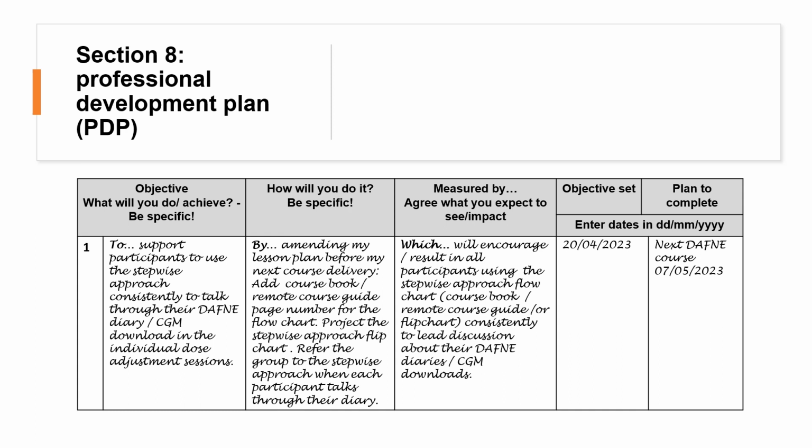Section 8 of the Session Observation Form allows for recording of objectives set as a result of reflection on practice as part of observation. To ensure objectives are not lost, transfer objectives to the overall PDP form.